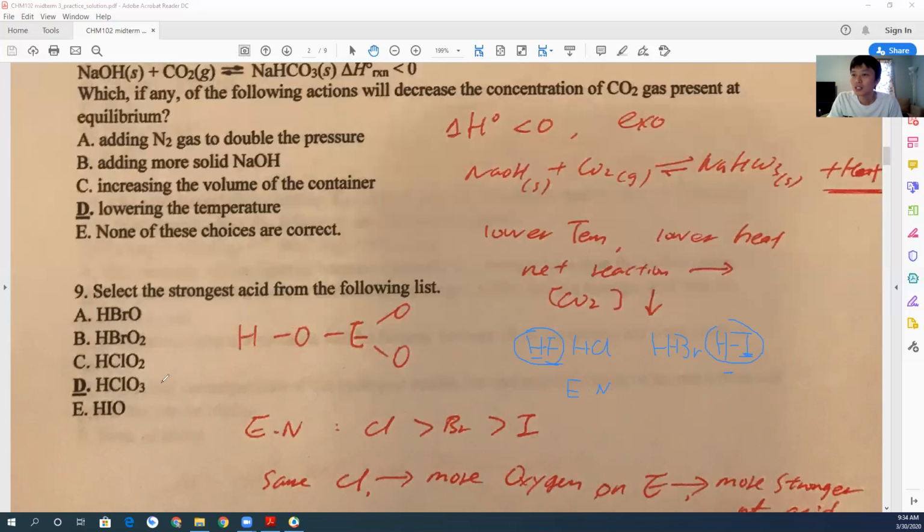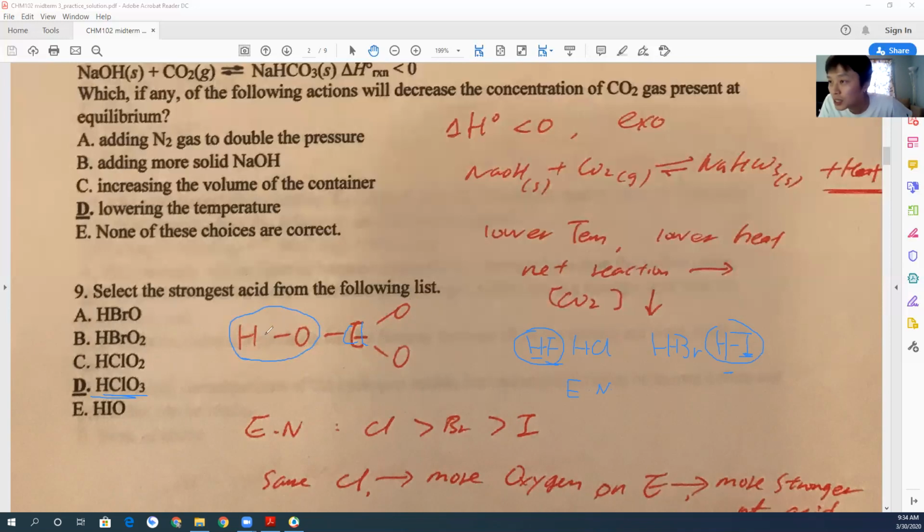Although in the formula the hydrogen is written next to the non-metal, it's actually bonded to oxygen. For example, for HClO3, the hydrogen is actually bonded to one of the oxygens, and that oxygen is bonded to the chlorine. The other oxygens are also bonded to chlorine. So you're looking at the bond strength of this H-O bond.